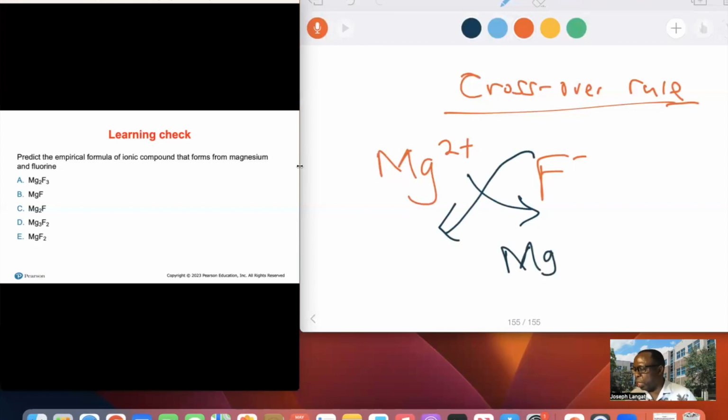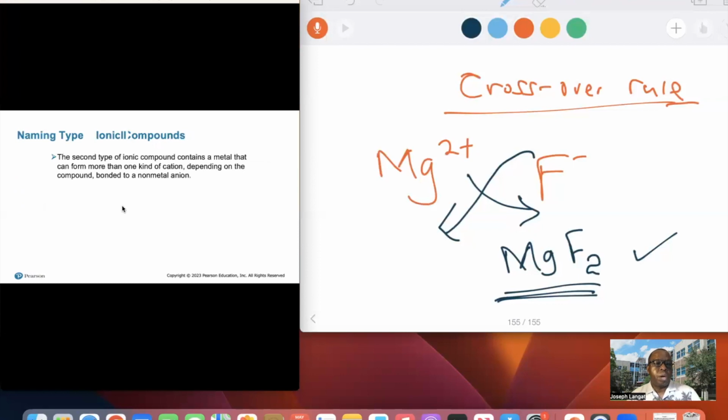You don't indicate the 1 from fluorine, but the 2 you see here is coming from the magnesium ion, and the correct answer is D. The point here is, have you mastered the crossover rule? Can you use the periodic table to predict the ionic charges? You should. And the correct formula here is E.